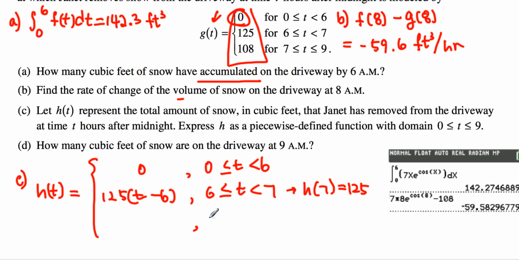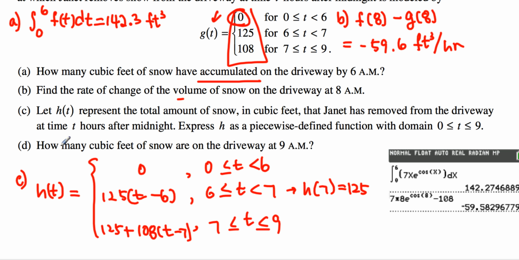Now, how about where t goes from 7 to 9? Then we have to add 125 to whatever she's doing afterwards. So the rate is 108, so we get 108 times t minus 7, because we're talking about hours after 7 a.m. So that becomes our answer.